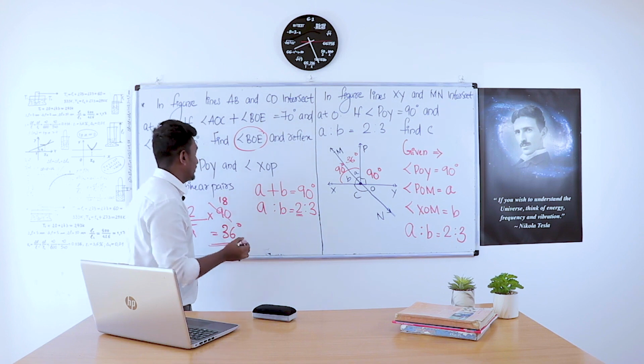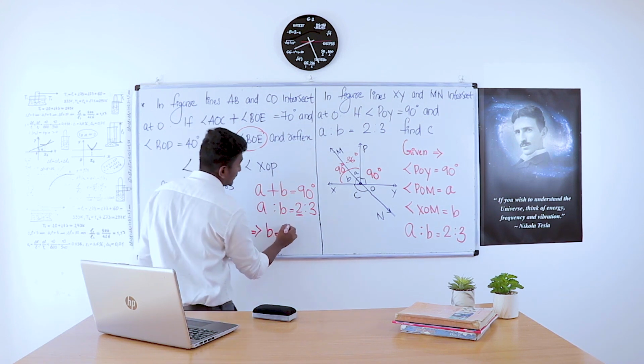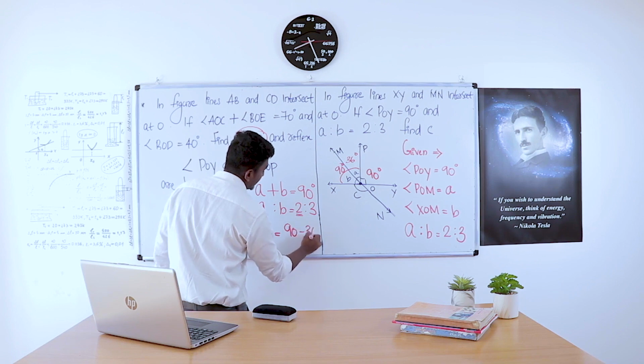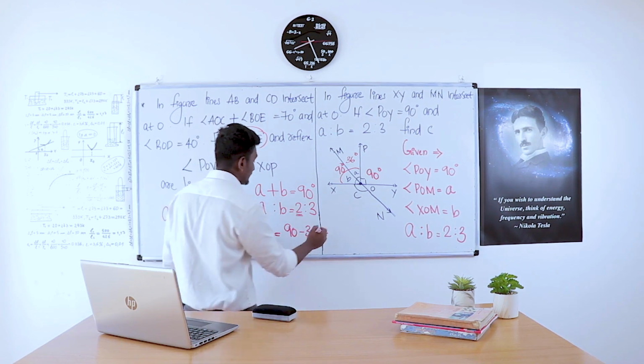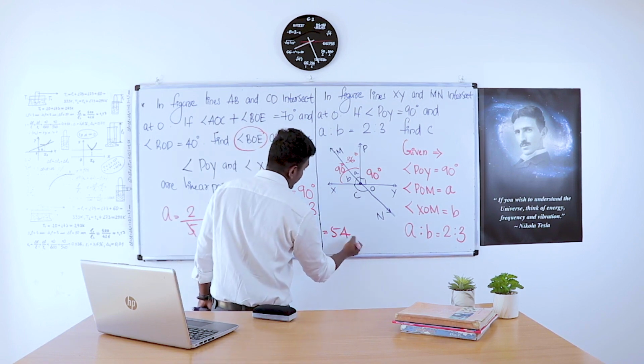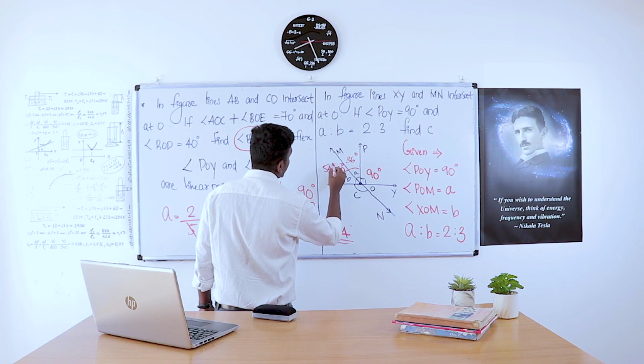Then what is the value of B? Therefore, B is equal to 90 minus 36, which is 54.